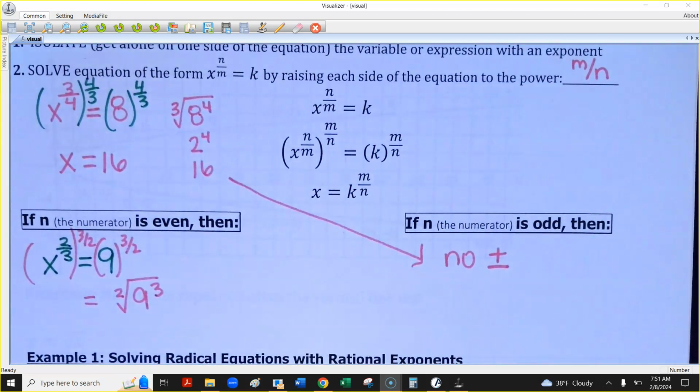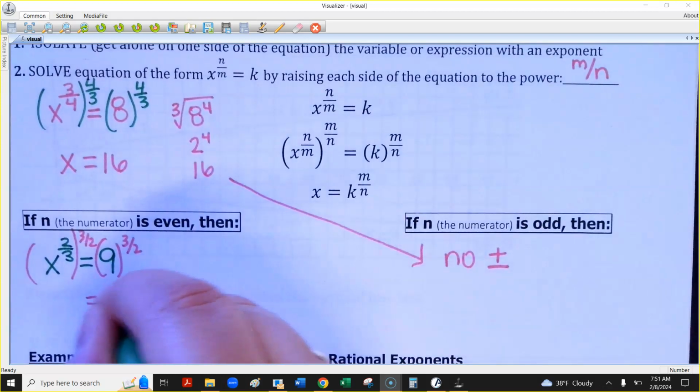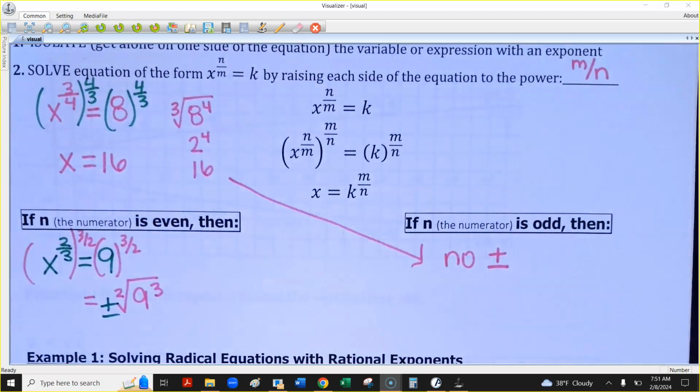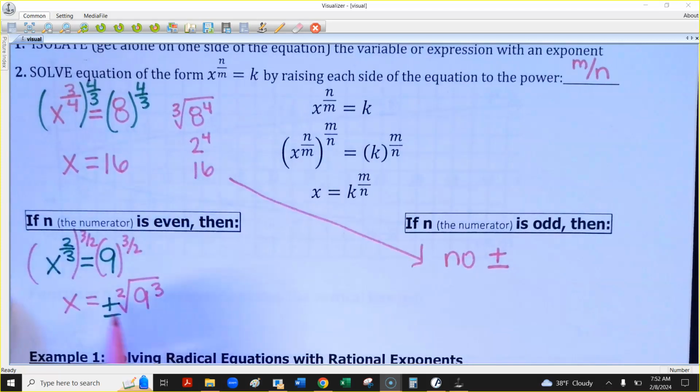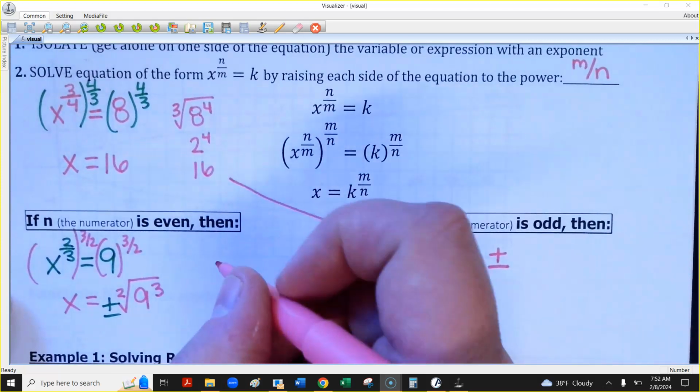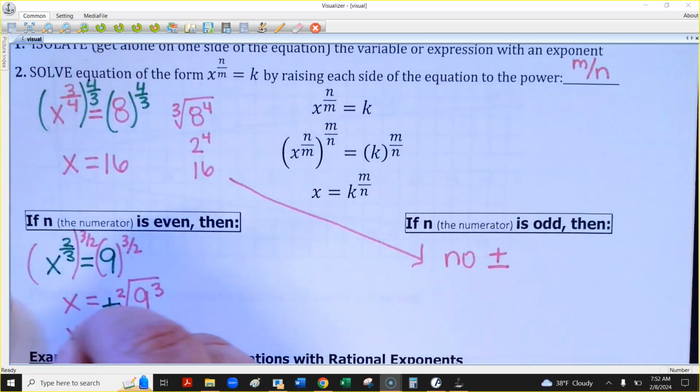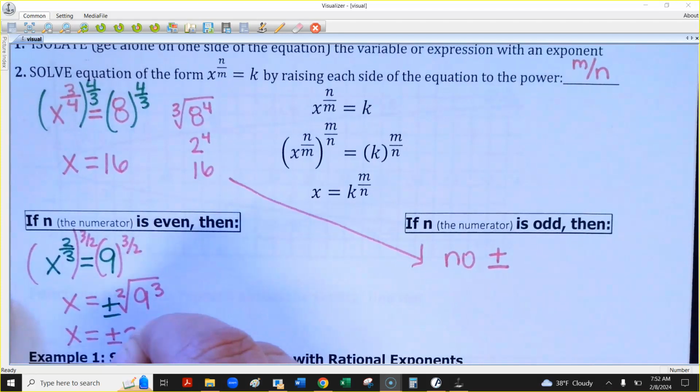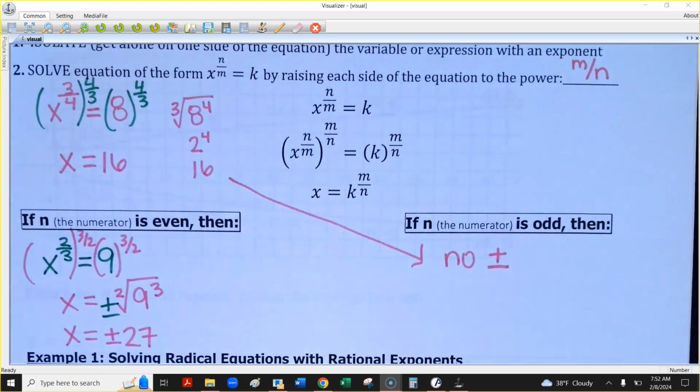If you introduce a square root or a 4th root into a problem, which I just did here, you have to put that plus and minus symbol, and the question is going to end up with 2 answers. So if I kept going with this, the square root of 9 is 3, and then to the 3rd power, this would just be plus or minus 27. And both of those answers would work in the original problem.